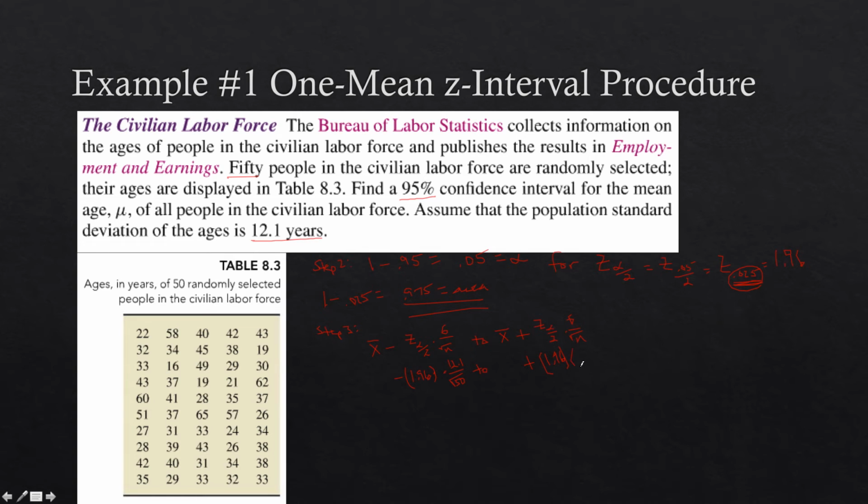Okay, now the only thing we're lacking to be able to compute this, and if you want to put a parenthesis around that, that's fine, is x bar. So take all of this data and find the mean. So add it all up, divide by 50, and you'll get 36.4 is what you should get for the mean. So we can actually take 36.4 and plug it in right here.